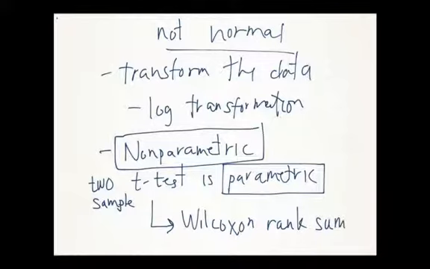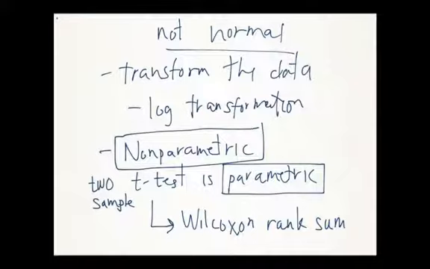We'll have a whole lecture devoted to non-parametric tests. This is just to give you the background, okay? So t-tests are more powerful. That means you're more likely to be able to detect a difference between groups when there is one.